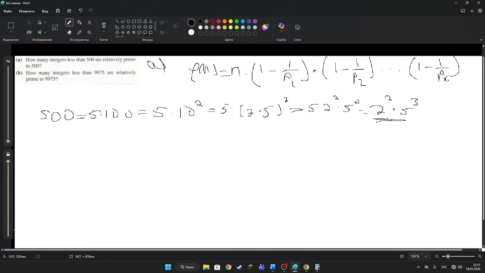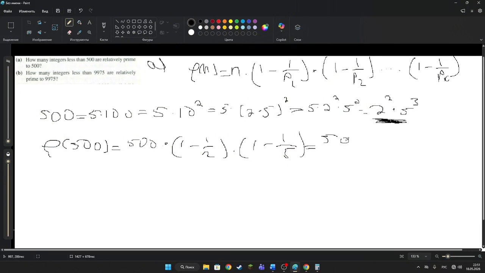So these are the prime divisors of the 500, and if you just replace into the Euler formula, it's gonna be 500 equal to 500 multiplied by 1 minus 1 divided by 2 multiplied by 1 minus 1 divided by 5. So if we calculate these things, it's gonna be 500 divided by 2 multiplied by 4 divided by 5.